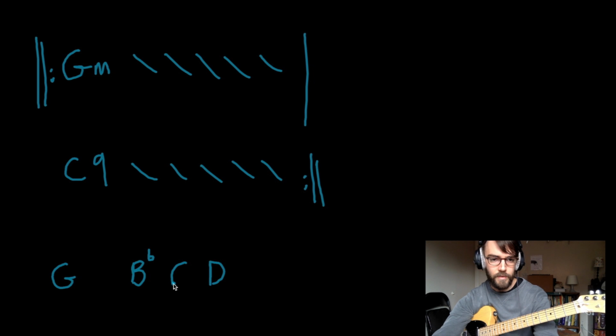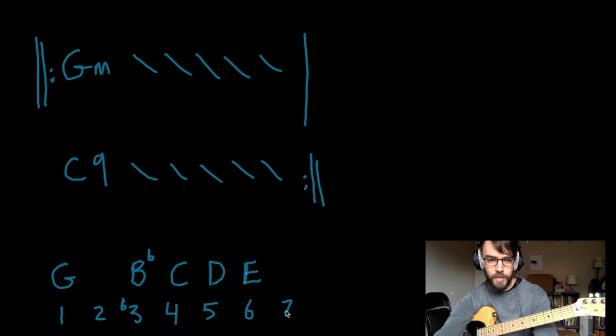So we have C, E, G, and B flat, and then the 9 is the D. All right, so we have this group of notes here, and the only thing we really know for sure is that we have a flat 3, and we don't have a flat 5, and we don't have a flat 6. Let me fill these in so it makes some sense. This is a flat 3, 5, 6, and then some kind of 7.